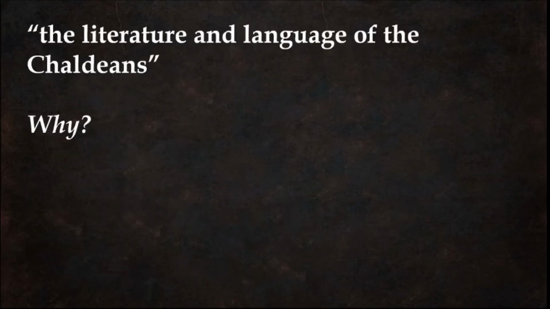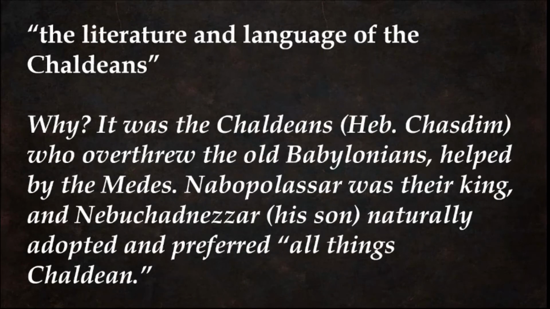Now, the last item, the literature and language of the Chaldeans. Why? Well, the Chaldeans had really only just taken over in Babylon. Nabopolassar was the first of those. They were given some help by the Medes, which is why Daniel occasionally mentions the Medes. The Medes were in good favor with the Babylonians, who were really Chaldeans. Babylon is the big name.